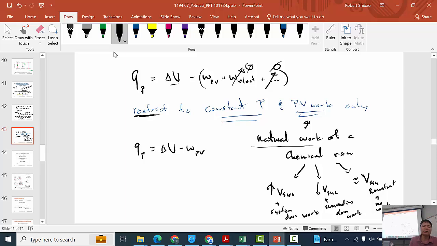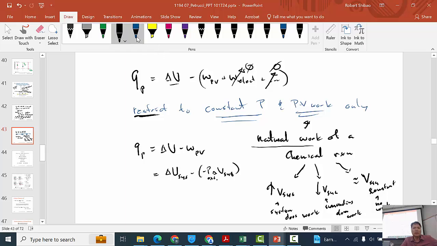And so it's just PV work. PV work is P delta V of the system. So this is just going to be delta U of the system minus P delta V of the system. And this is P external. So this is the only work that's done.